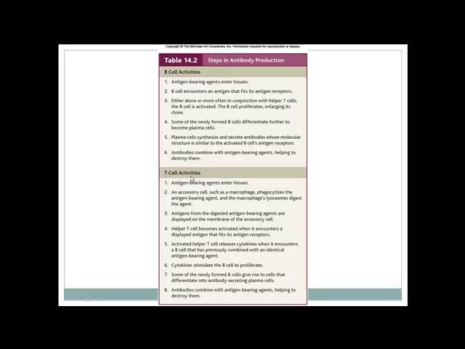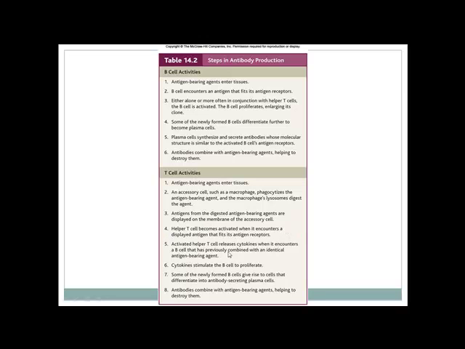With T cells, the antigen-bearing agent enters the tissue, same thing. An accessory cell, such as a macrophage, will phagocytize that antigen-bearing cell. The macrophage will digest it, and then the antigens from the digested antigen-bearing agent will be displayed on the membrane of the macrophage. A helper T cell becomes activated when it encounters a displayed antigen.